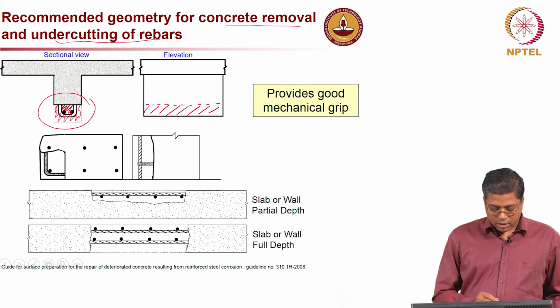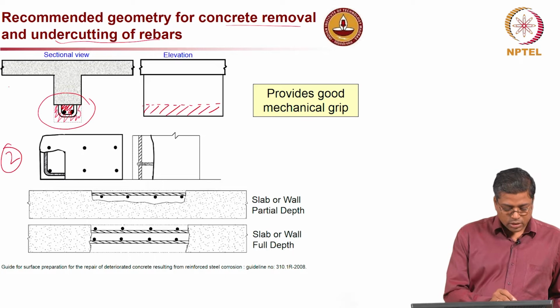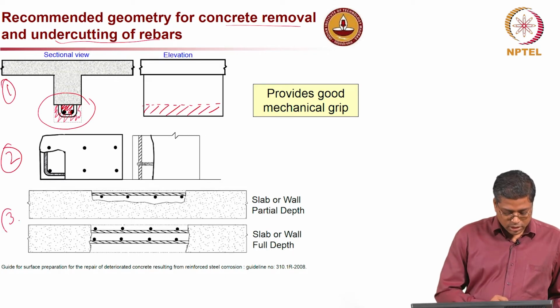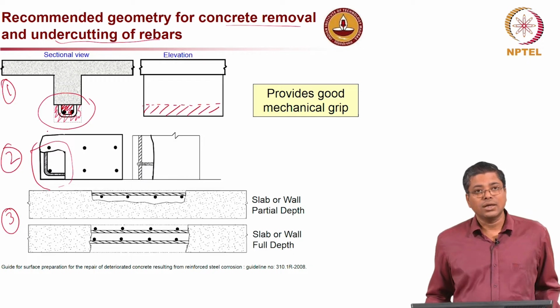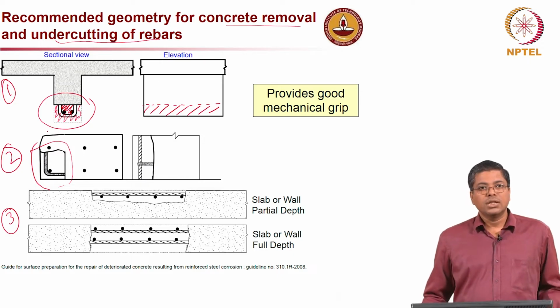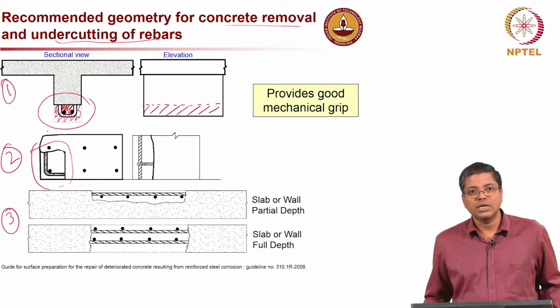Now, if you are talking about an element like this, a corner or something, then again you have to make sure that there is an undercutting process, or in other words, the concrete from behind the stirrups or the rebars needs to be removed.